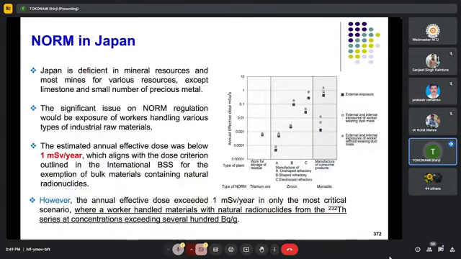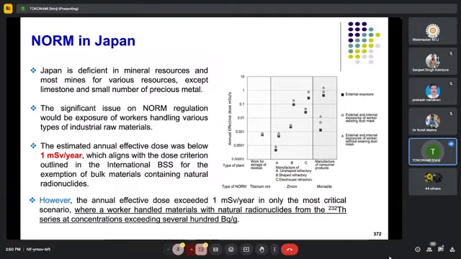Now, in Japan. Japan is deficient in mineral resources, and most mines for various resources except limestone and a small number of precious metals. The significant issue on NORM regulation would be exposure of workers handling various types of industrial raw materials.